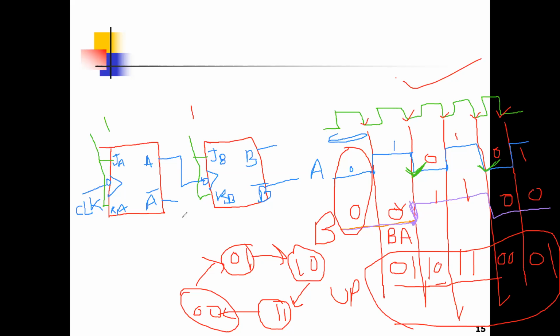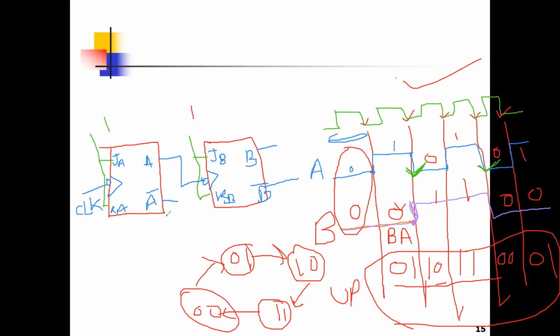No, you can connect A bar and then check what the answer is. It will give you an up or down counter. One counter will work with this also. You can check it. I cannot say it's the same because I didn't draw the waveform, but it will work, I think, as an up or down counter. Because I explained the method, now you can do R&D, change it with A bar and check what will happen.